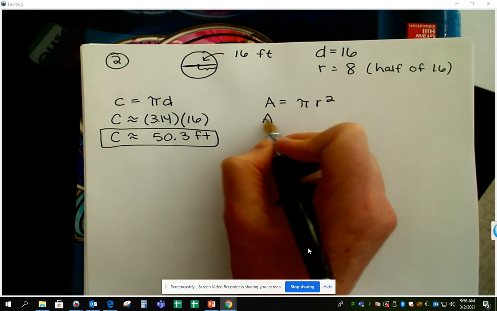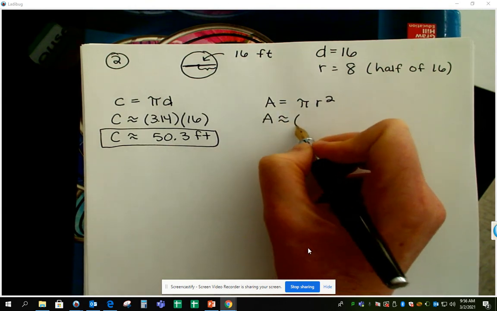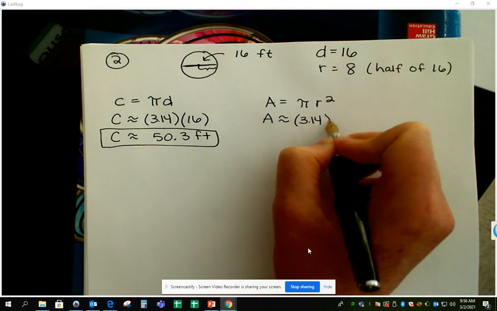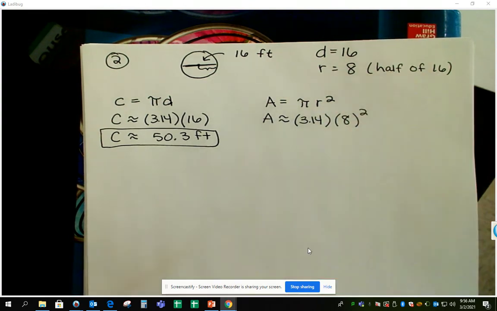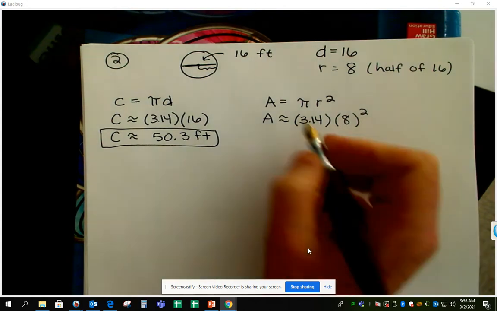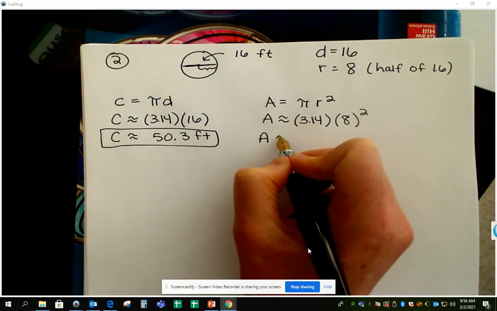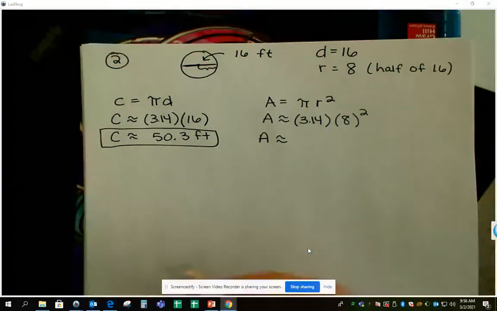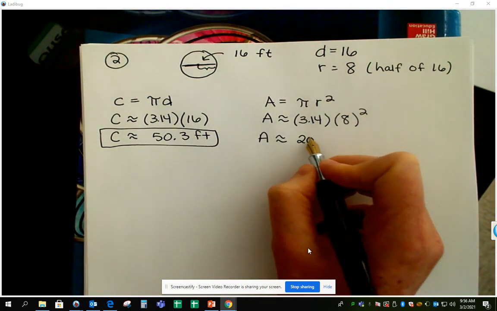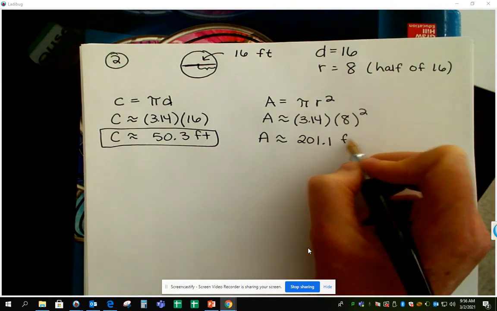Be careful when you plug it in. Pi is 3.14. Use the radius, which we decided was 8 squared, not the diameter squared. Okay, radius squared. And when you put that in your calculator, remember do 8 squared first, then multiply by 3.14, you're going to get 201.1 feet squared.